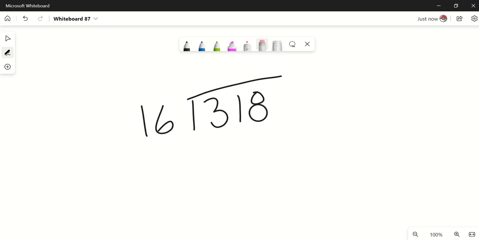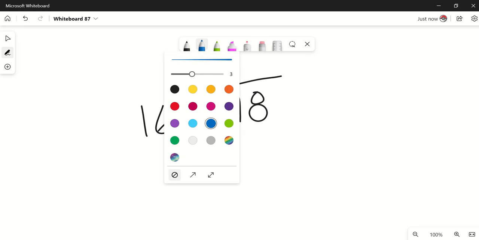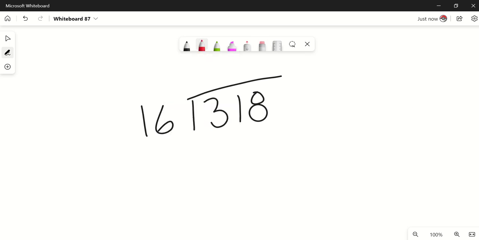I know that 15 will go into 30, since I'm rounding this down to 300. 15 can go into 30 twice. But because this is 300, I'm going to add a 0 to this as well. Therefore, let's see what 16 times 20 is, and let's see if we're anywhere near close. That's going to be my justification.